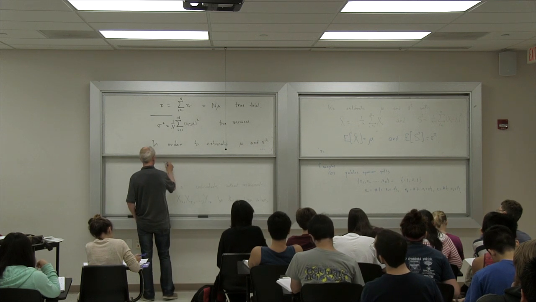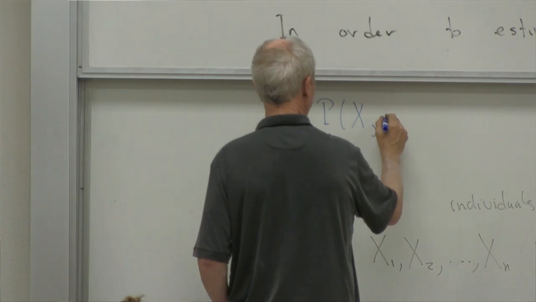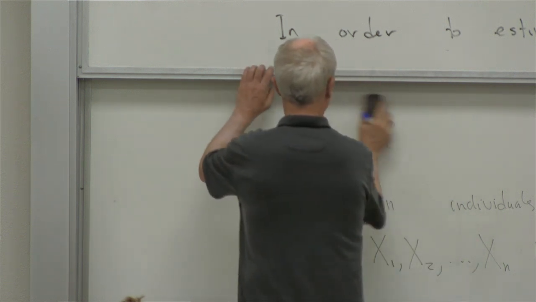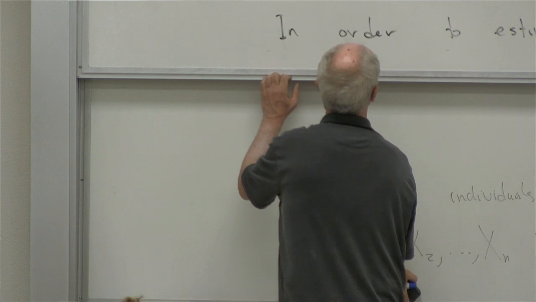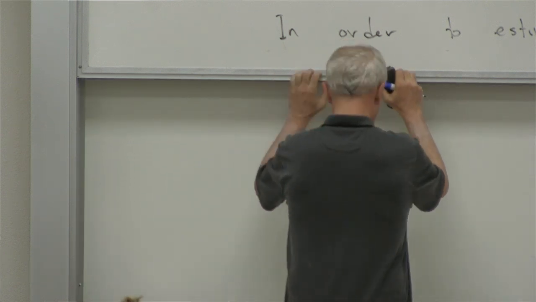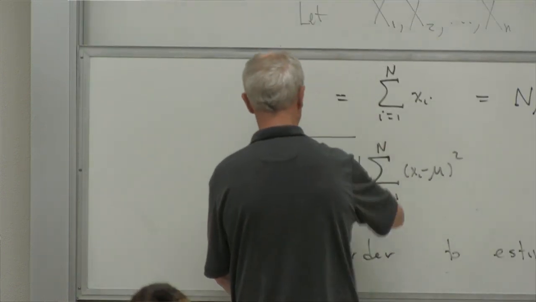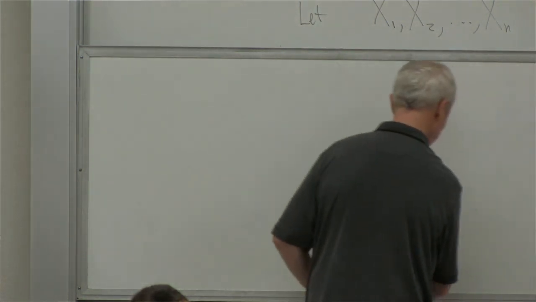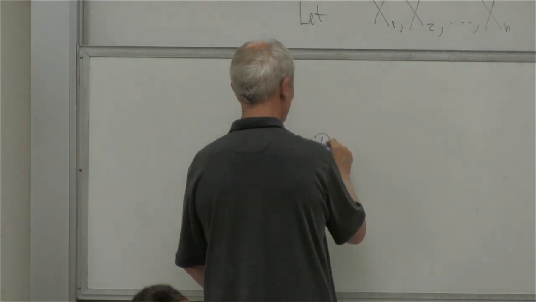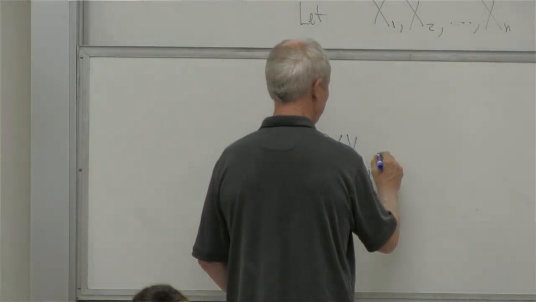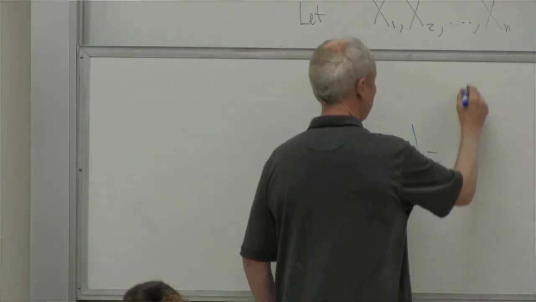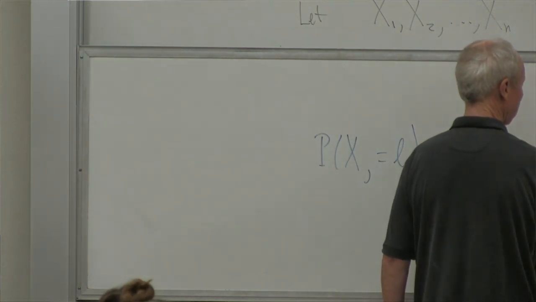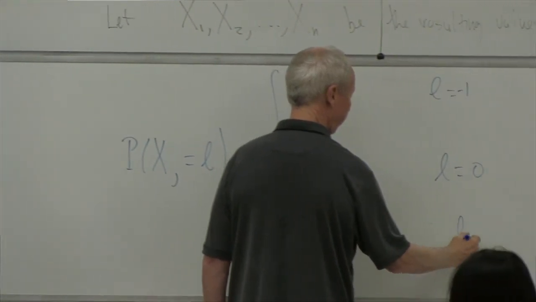Then what's the probability that xj is equal to L for L equal -1, 0, and 1?